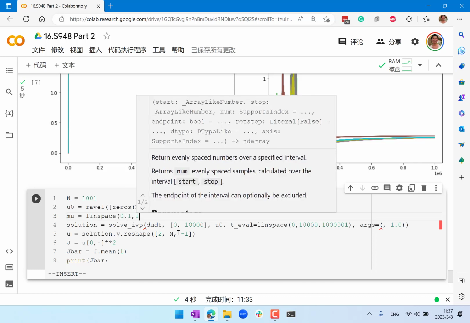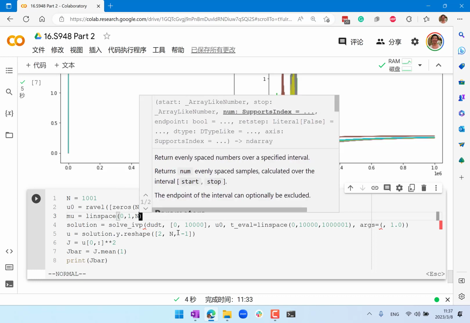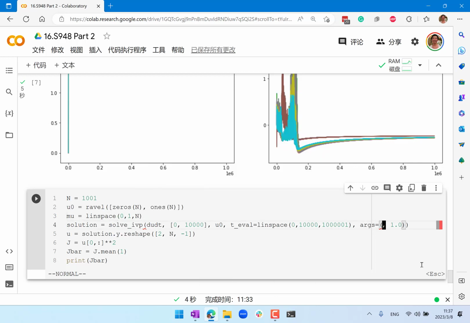So mu is going to take 1001 different values from 0 to 1. Let's feed this mu into the differential equation so that we are integrating n different solutions, each with a different parameter. Okay, and we are still going to reshape it and compute the j bar, but instead of printing it, we are going to plot the j bar as a function of mu.